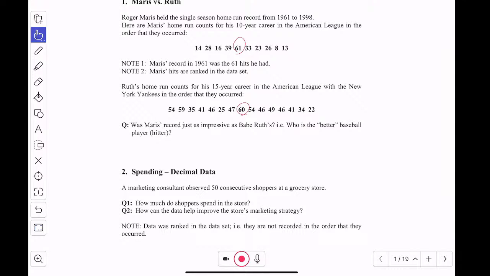Okay. So what did we do? When we did this, I put them in order and I picked this one and this one, right?